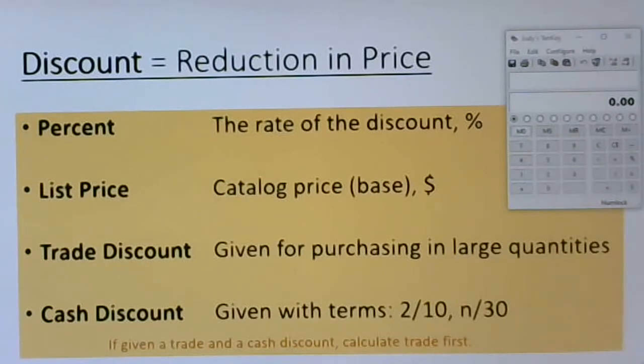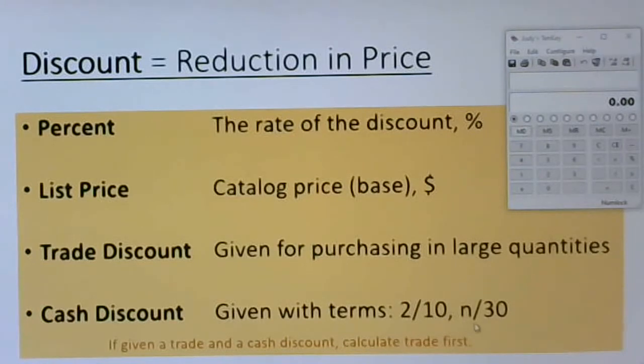A cash discount is sometimes also offered by the store, by the company, and it's worded as 2/10 net 30. That's the terms. That's the agreement that they are giving us an option to take. That would mean I'm going to take 2% off of whatever I owe if I pay within 10 days.